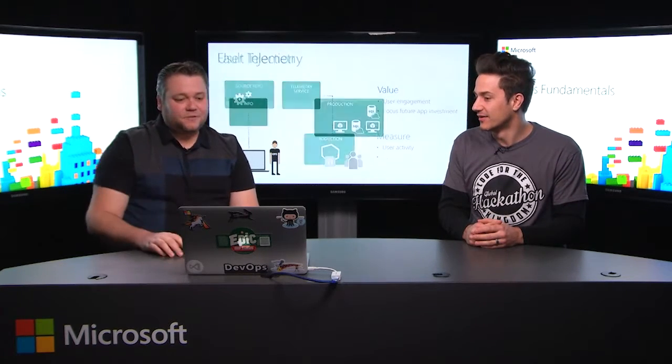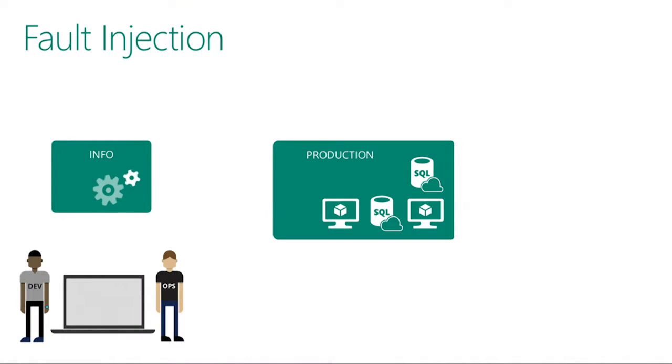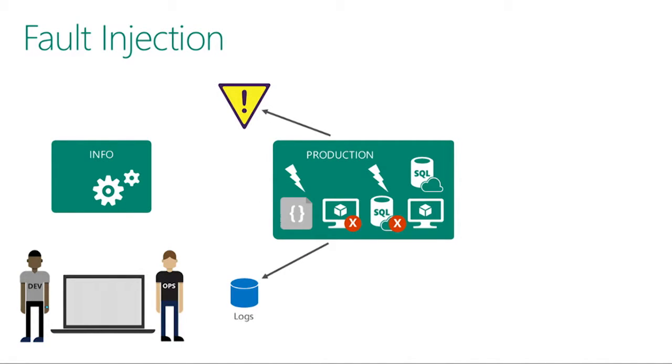All right, and the last one, fault injection. So this one is definitely an advanced one, and this is really where I would say you want to be more evolved, more advanced, because of the nature of this one. Because what you're doing here, the analogy that I like to give, is this.